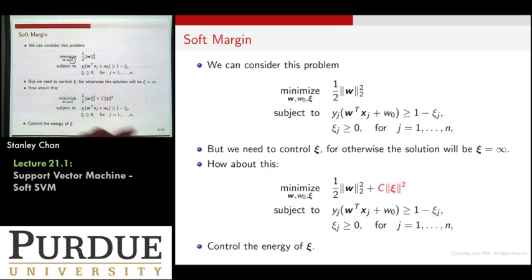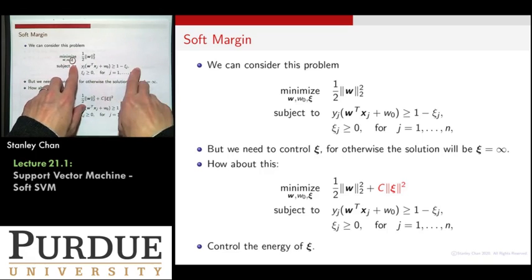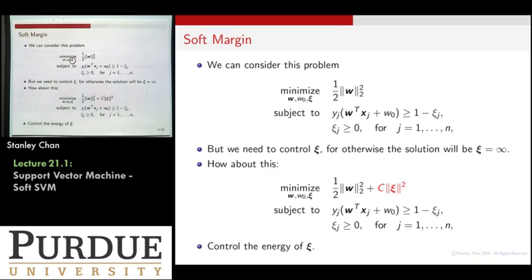Why? Because if I fix psi, then I'm not allowing myself to move my decision boundary. If I fix psi and fix the margin here, then I'm restricting myself to this particular margin. I don't allow myself to move left and right, up and down, because by moving left and right, up and down, the margin may not be the same as the psi.